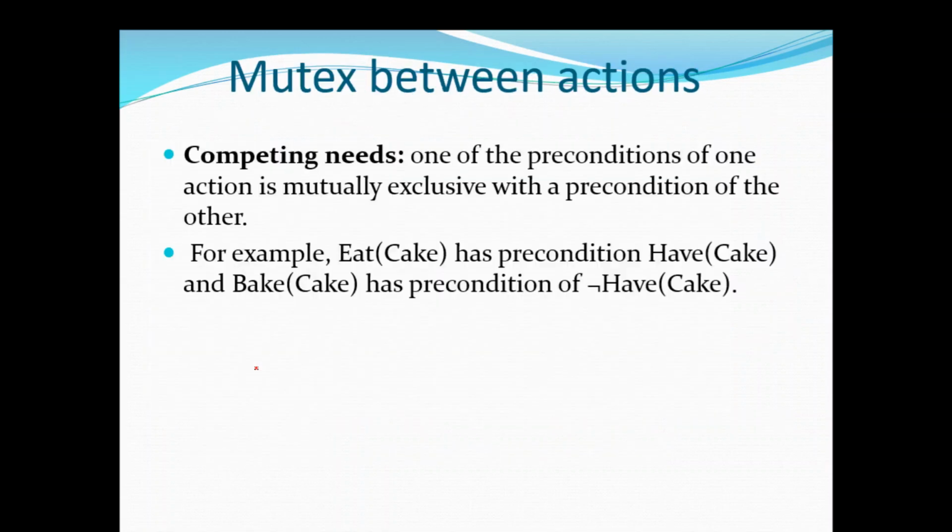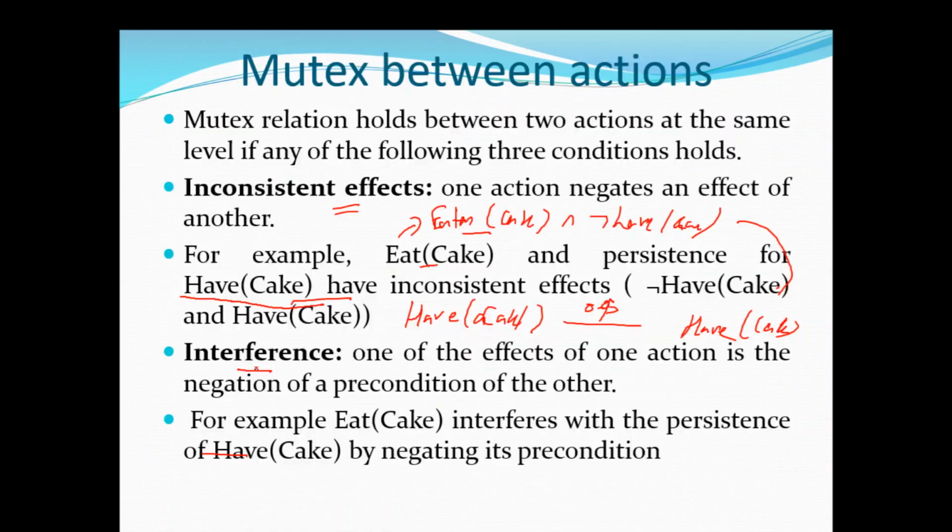So here is an example for interference also. For example, eat of cake interferes with persistence of have cake. Okay, so basically they are contradictive. Eat of cake is nothing but eaten of cake and not have of cake.